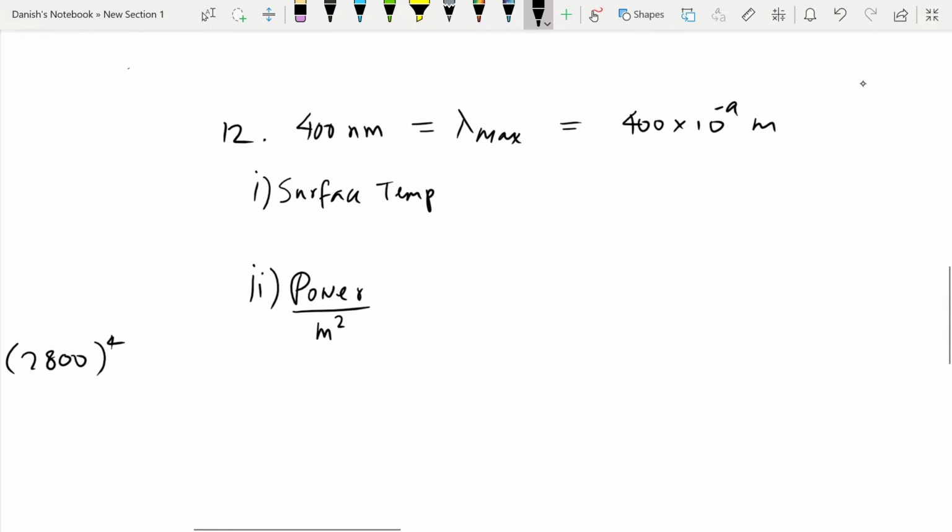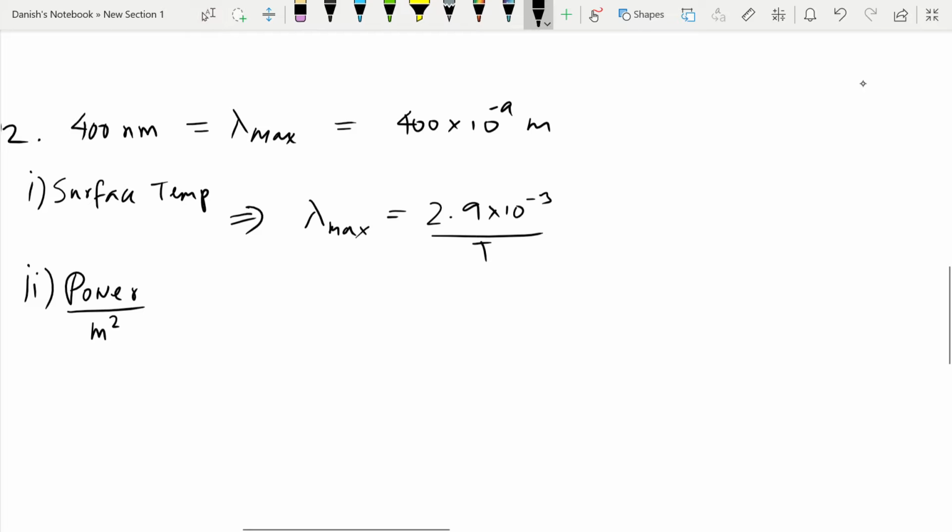So for surface temperature, we have this wonderful little Wien displacement law here, which tells us 2.9 times 10 to the negative 3rd over T. So if we just flip it, I can find T equals 2.9 times 10 to the negative 3rd over lambda max, which is 400 times 10 to the negative 9th.